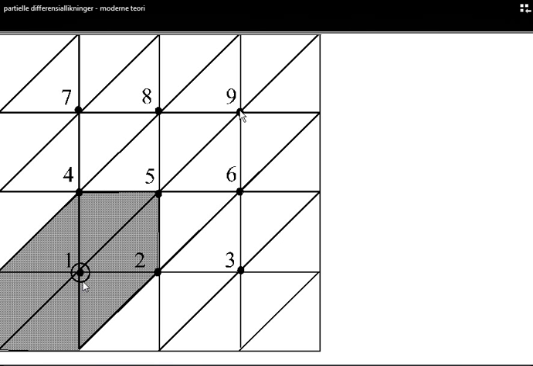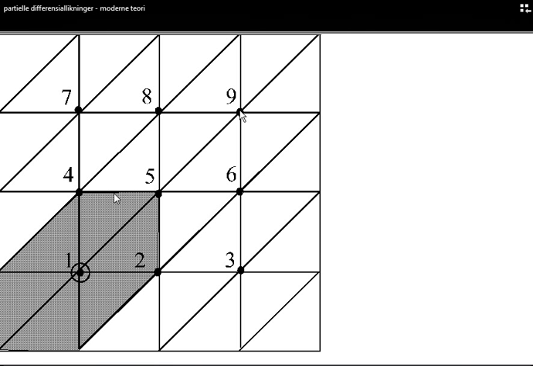Here you see the support of the basis function v1, which is 1 in this node point, and you see that this function is 0 all over this area, except for the support area where it may be different from 0.